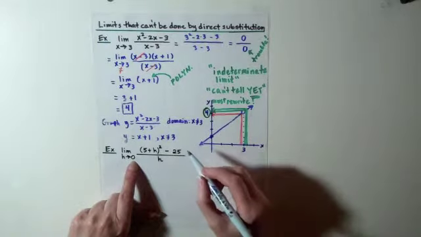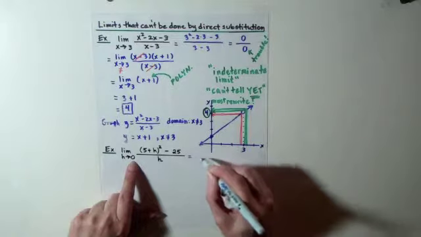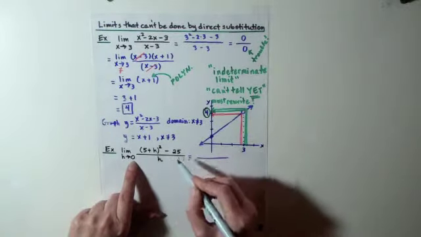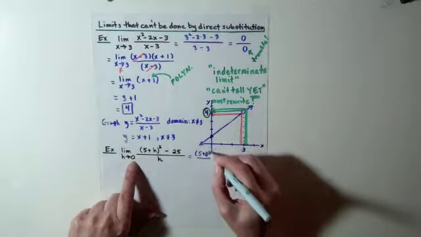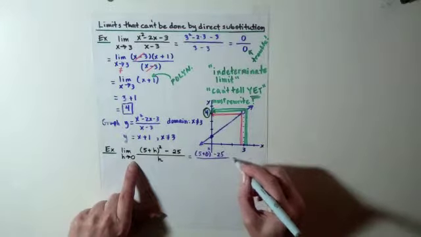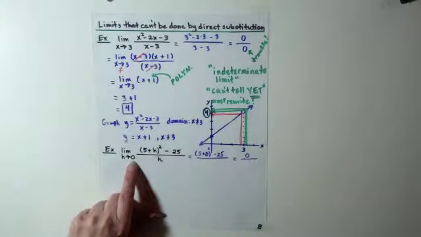So if I were to find the limit of the top, I could do so by just plugging h equals 0 into this. Since it is a polynomial, I would end up with (5 plus 0) squared minus 25. That would give me 25 minus 25, or 0 in the top.